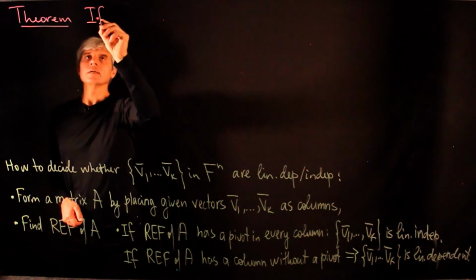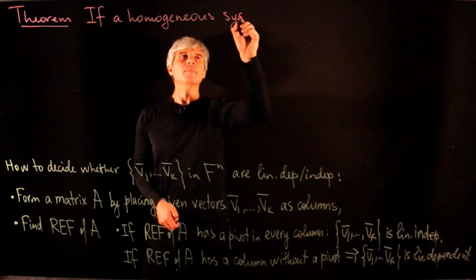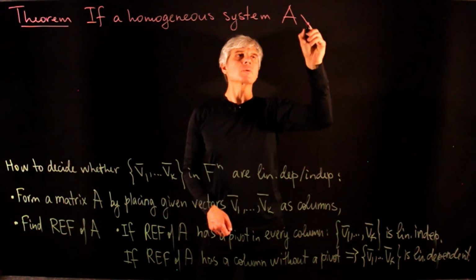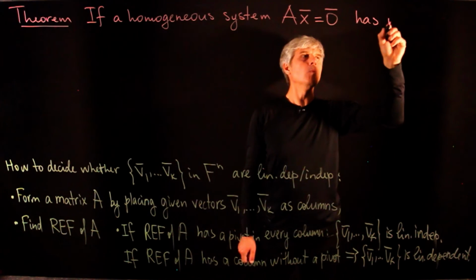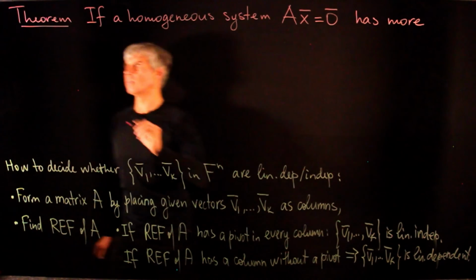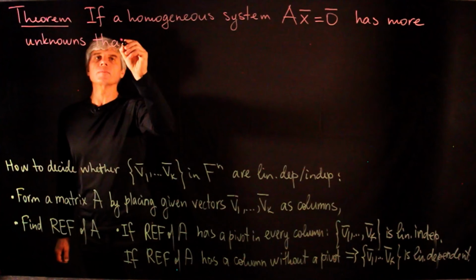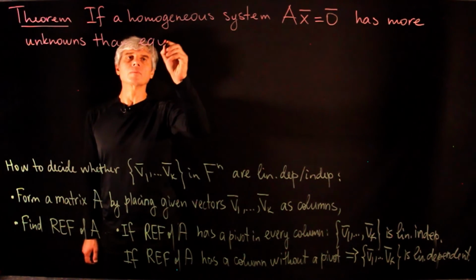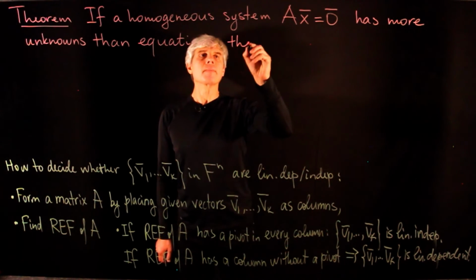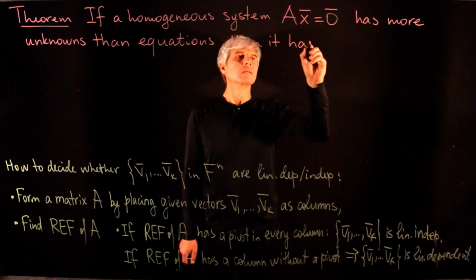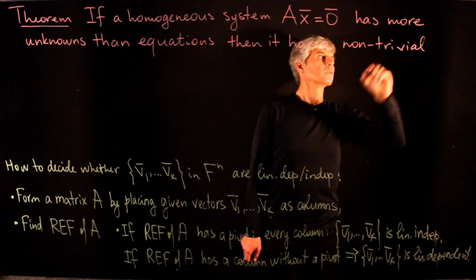So let us mention the following related theorem. If a homogeneous system Ax equals 0, where homogeneous means that it has a 0 right-hand side, has more unknowns than equations, then it has a non-trivial solution.